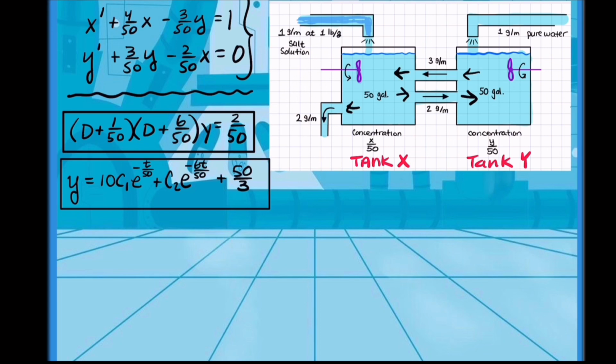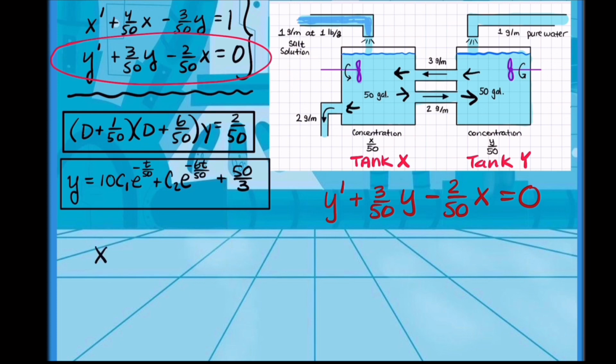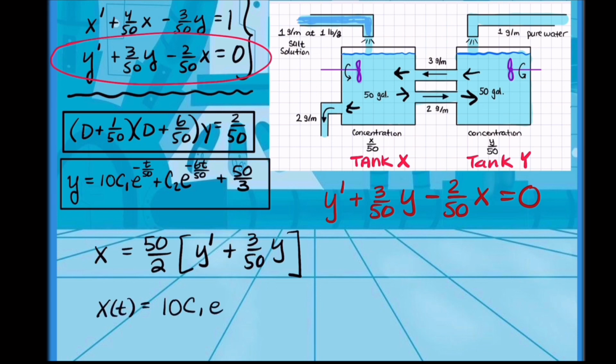So you take y, you differentiate it with respect to time, so you get a y prime, and then we substitute everything into the equation, and what we're left with is x is equal to 50 over 2 times the quantity y prime plus 350 over y, and that works out to be 10 c1 e to the negative t over 50 minus 3 halves c2 e to the negative 6t over 50 plus 50 over 2, which is really 25.